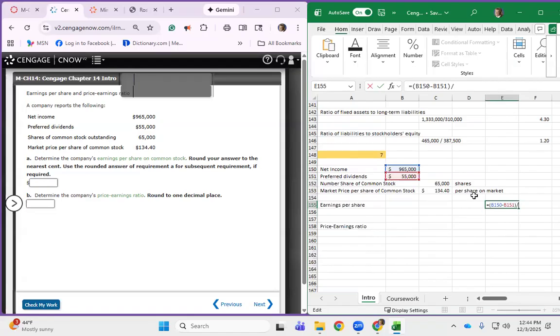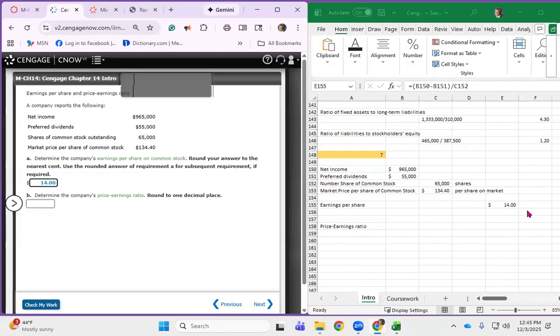That gives us how much earnings there are if you divide all those earnings by the number of shares outstanding. So it looks like we've got $14 per share of earnings on a share of common stock.